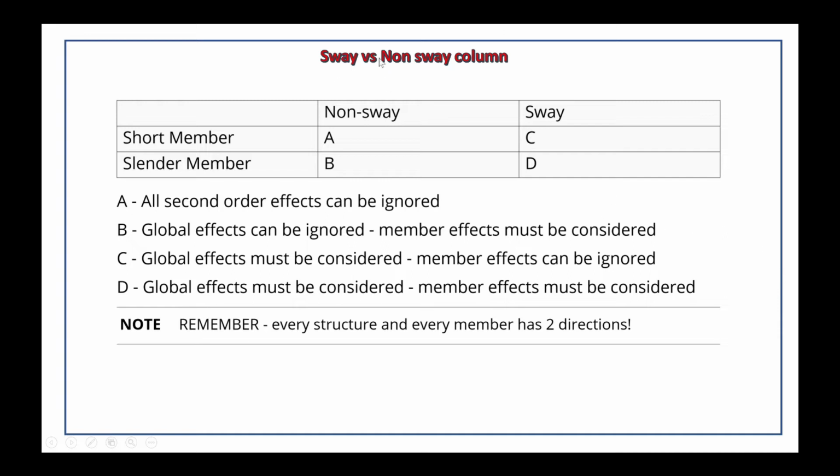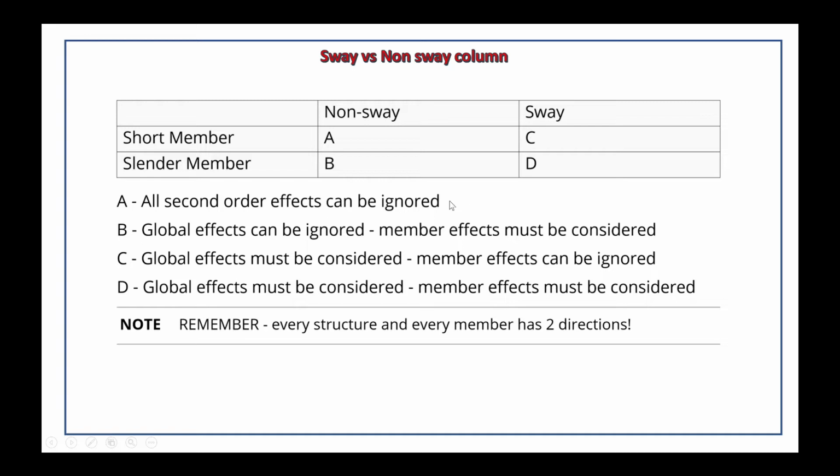Now we talk about sway and non-sway columns. For the short column, non-sway, all second order effects can be ignored. You do not need to include the global imperfection or the member imperfection or the notional load, you just run linear analysis.